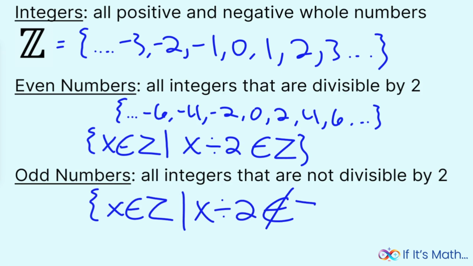It's not an integer. So all integers such that when you divide them by 2, you do not end up with an integer or a whole number, essentially. So that is the technical definition of even and odd numbers. And if you need to write them in set notation, that's how you can write them.